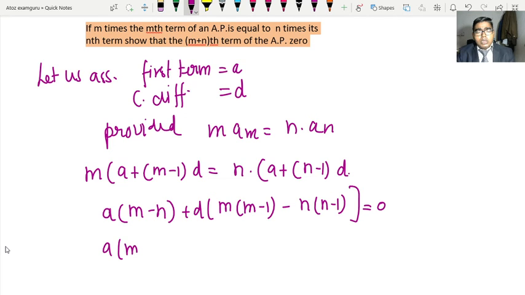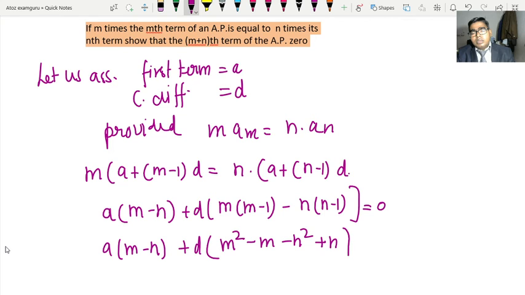So this is A times M minus N and this is D times M square minus M minus N square plus N.